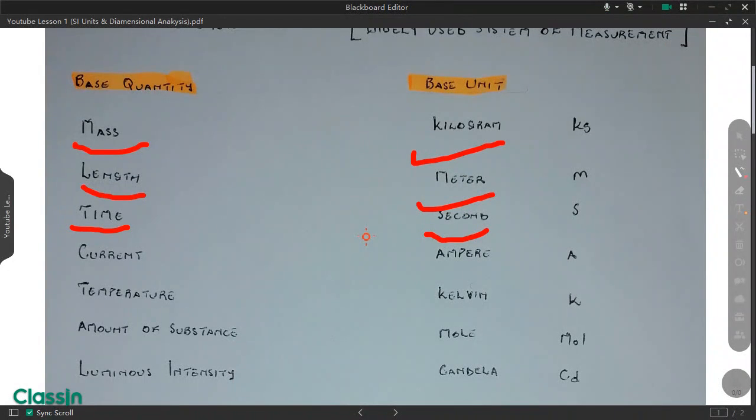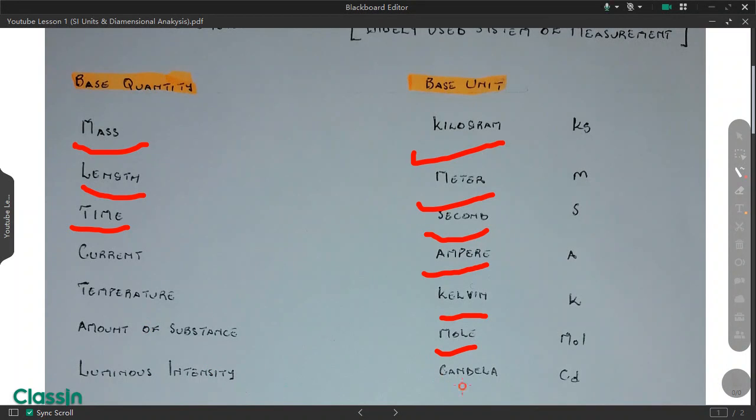So after dealing with the SI units, we're going to deal with dimensional analysis. Mass is a base quantity, with base unit kilogram; length, meters; time, seconds. Current's base unit is amperes, temperature is in Kelvin, and amount of substance is the mole. In chemistry, there was this topic, the mole concept, that is the amount of substance.